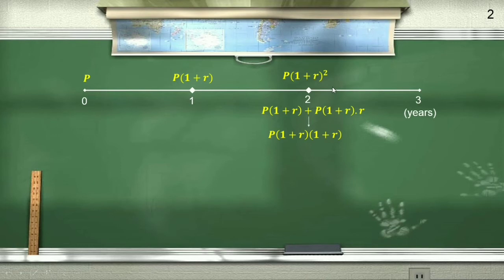Now, we can determine our money at the end of the third year. If you look at this term, P, and then P times 1 plus R, and then P times 1 plus R to the 2, so we can determine at the end of this period, our money becomes P times 1 plus R to the cube, right?